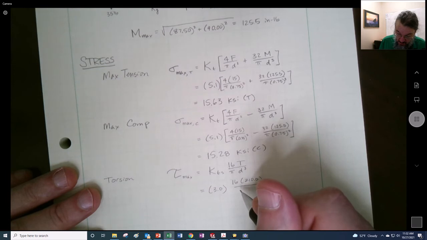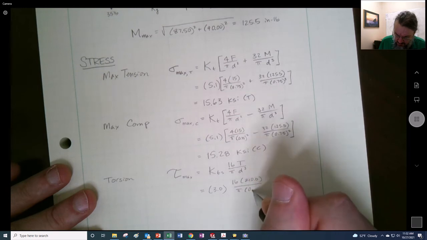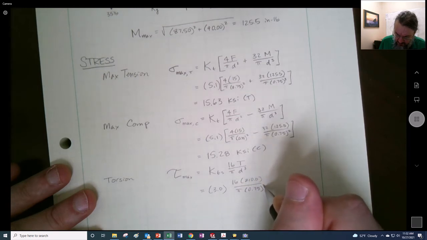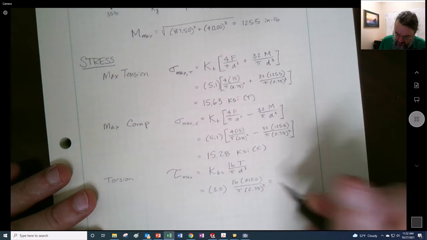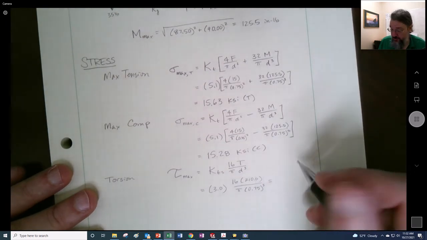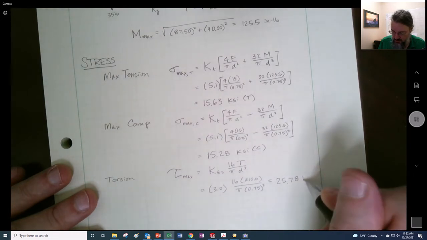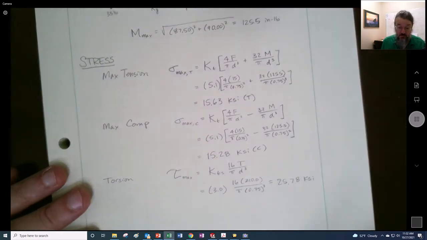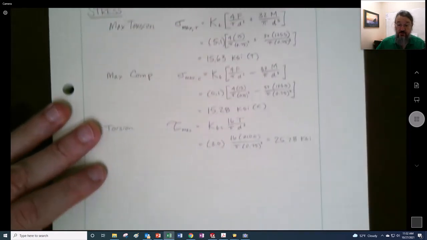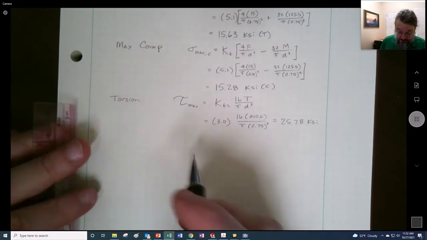Pi 0.75 cubed. And we can actually just put this over to the side, have enough room. And that's going to be 25.78 KSI. All right. So we should do the principal stresses for these, the two principal stresses.